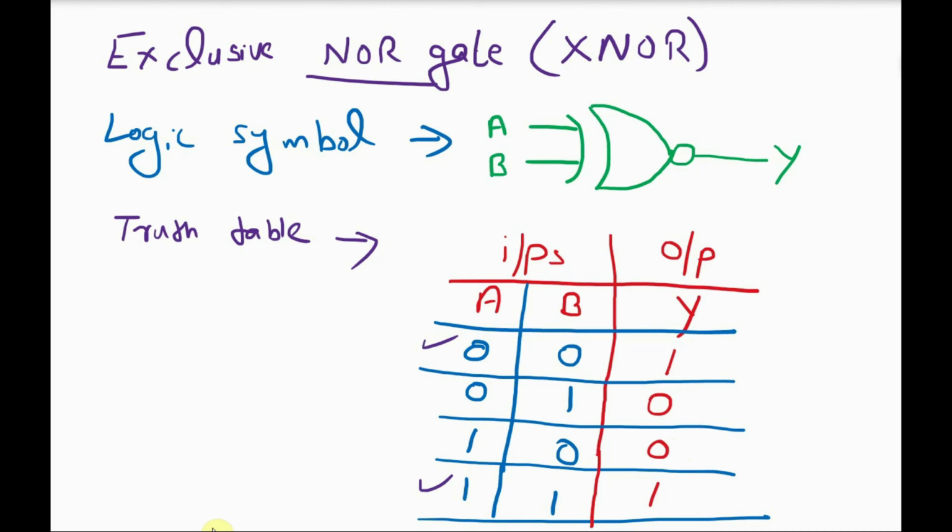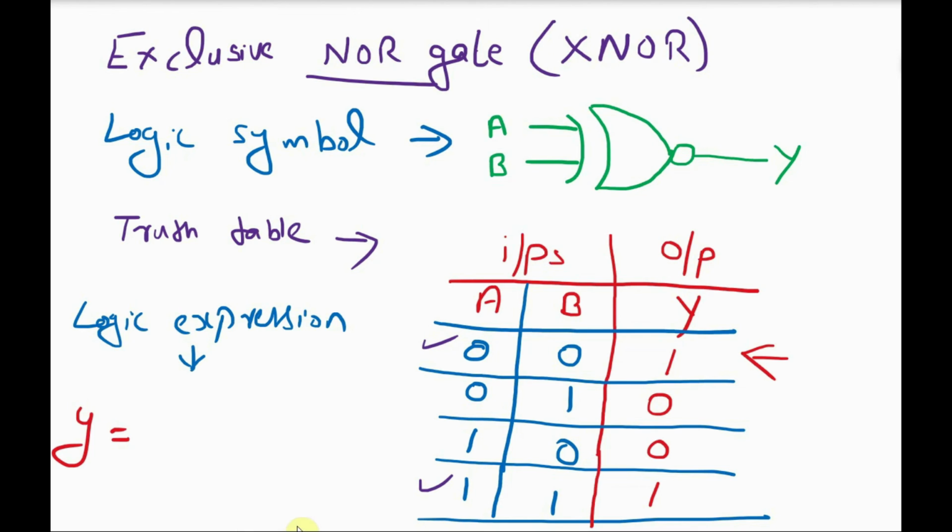So we will find the logic expression. We have Y is equal to first case. We have to consider the cases where output is high, that is the first and last case. So first case, the output is high when A is 0 and B is 0.